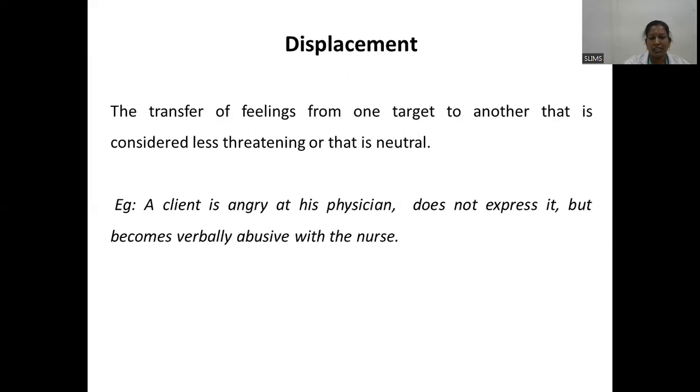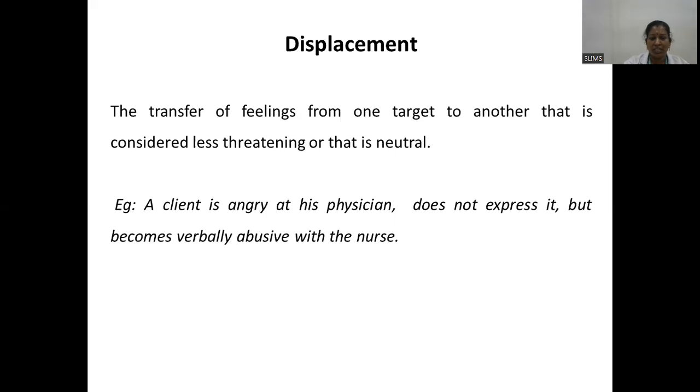Displacement: a transfer of feelings from one target to another that is considered less threatening or that is neutral. Example: a client is angry at his physician, does not express it, but begins verbally abusing the nurse.